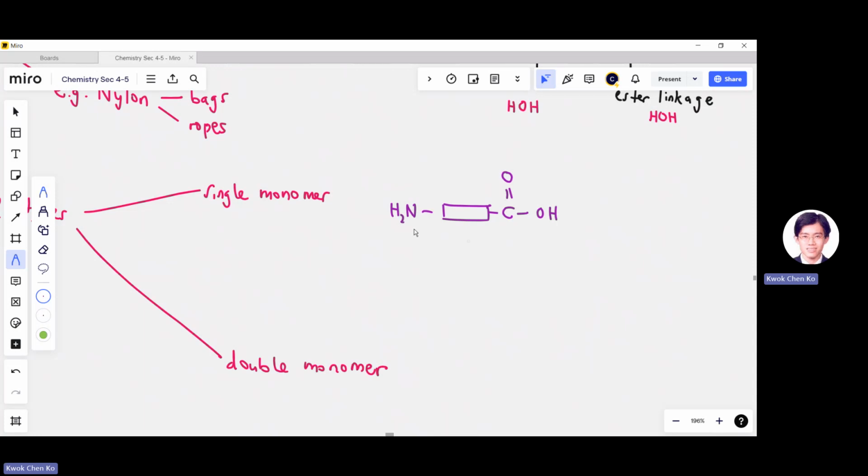No, something else. This is the unfamiliar part. This one is not strictly in your syllabus, but it's called the amine group.